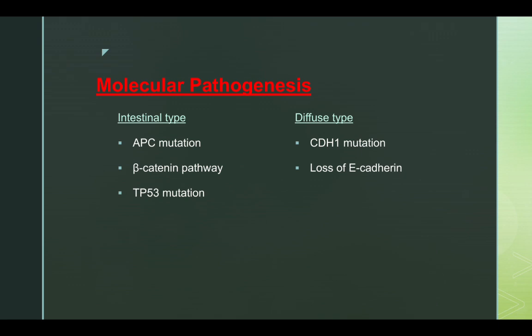HER2 amplification in some tumors, which promotes the growth. In diffuse type of gastric carcinoma, the main molecular defect is CDH1 gene mutation, which encodes E-cadherin. So therefore there is a loss of E-cadherin.